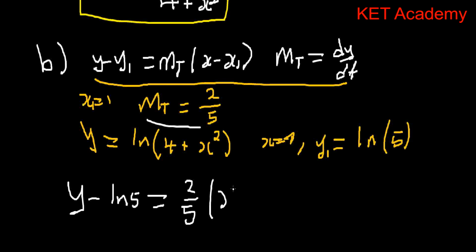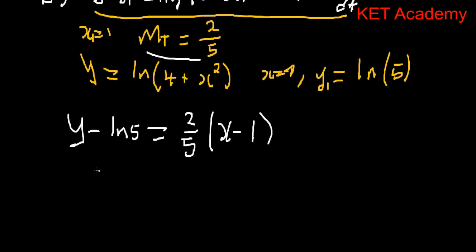into x minus x1. Now our x1 was 1, so we need to express our answer in the form y equals mx plus c, where m here is our mt, the first derivative, which is the gradient of the tangent, and c is the y-intercept.